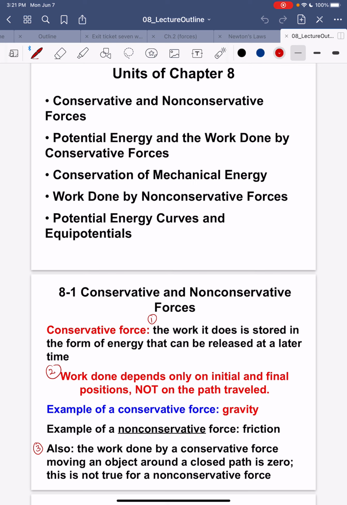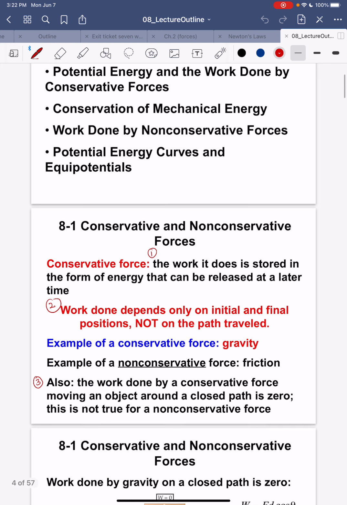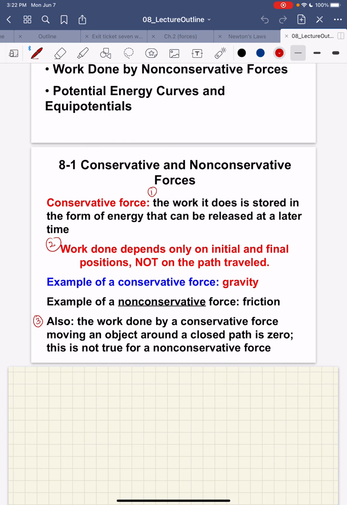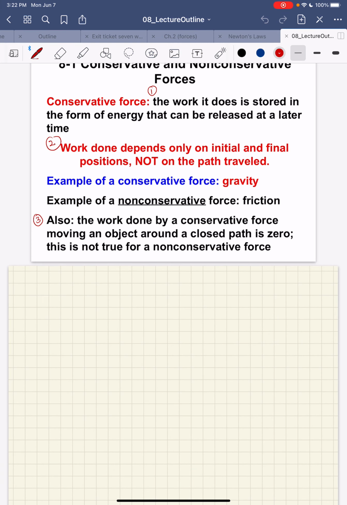The second thing is that the work done depends only on the initial and final positions for conservative forces. For example, gravity. Let's say I have an inclined plane, and this is 2 meters, and I want to bring an object from here to here.